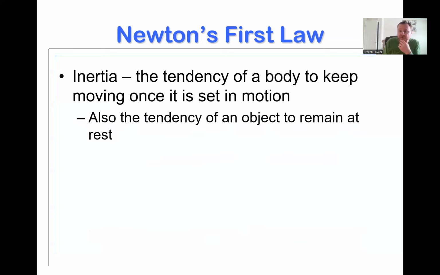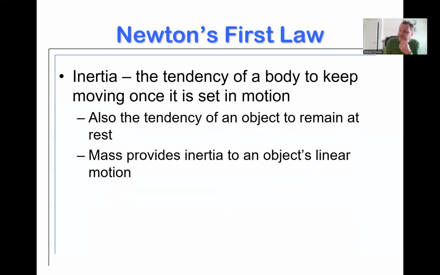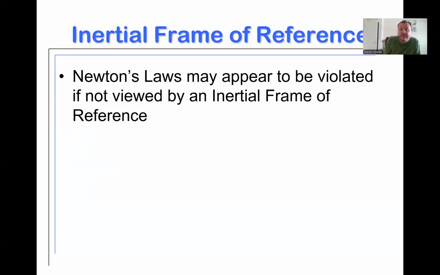We will quantify this with a quantity we call mass, which we're going to talk about in a little bit. Mass provides inertia to an object's linear motion. So if I have something that's massive, lots of mass, it's got a lot of inertia. I really have to give it a good shove to get that box moving down the road, so to speak. That's your inertia.